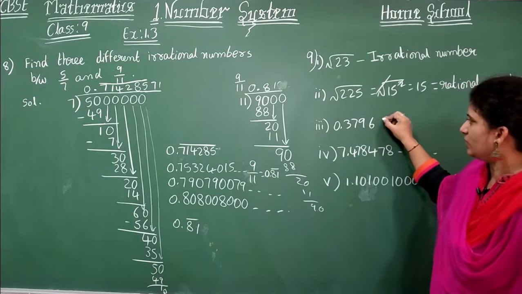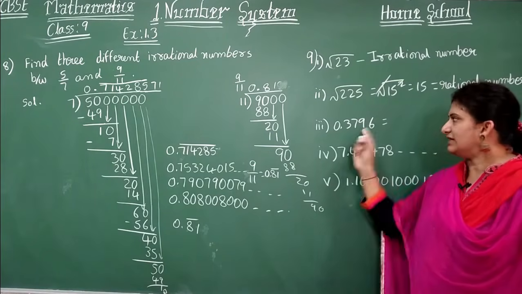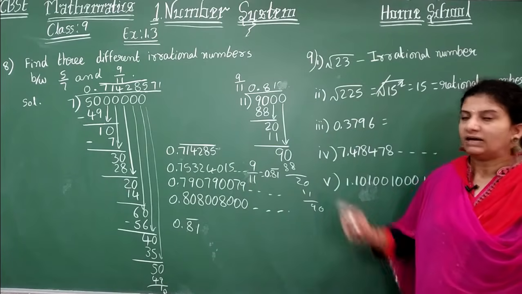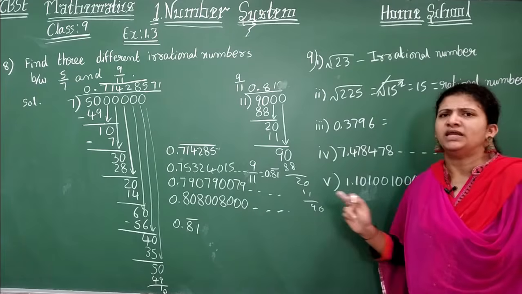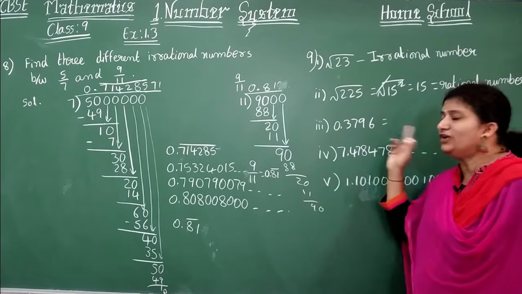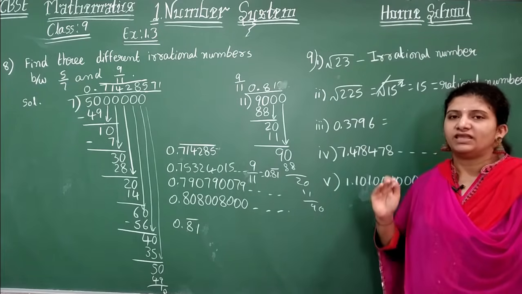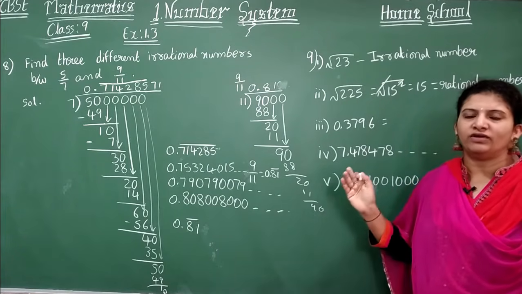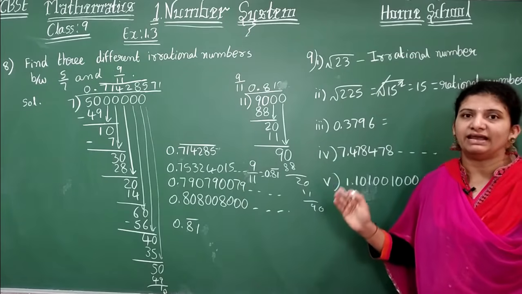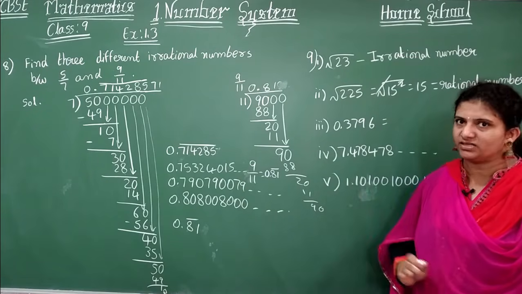Now next one. Look here. Observe here. Some decimal you have, and it is terminating. Terminating means what? There is an end for your division. If there is an end in your answer, then that type of decimals are called as rational numbers.